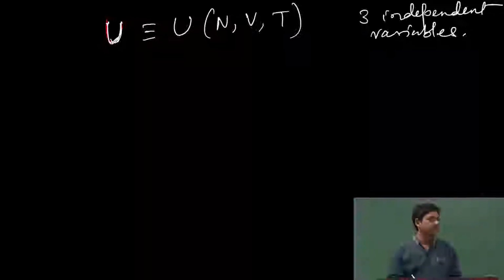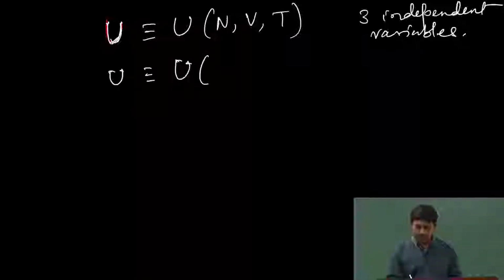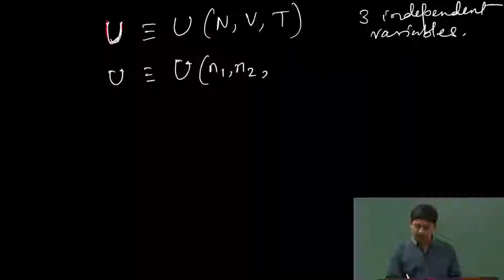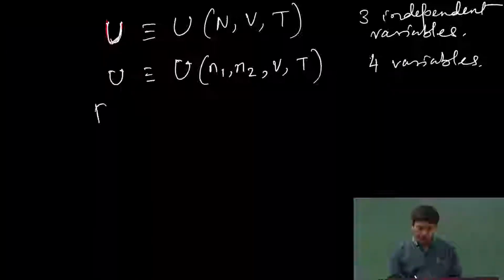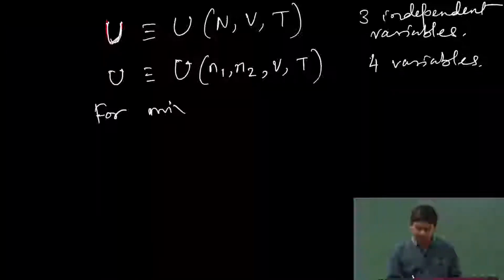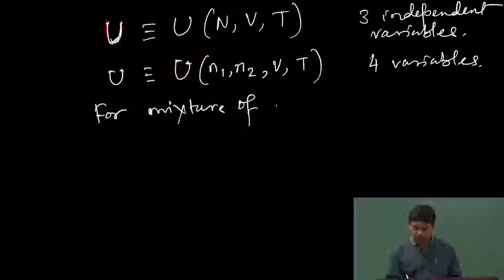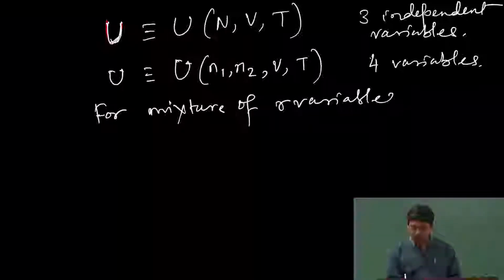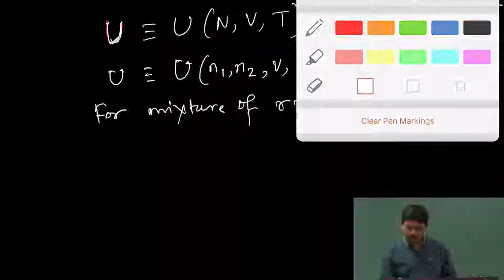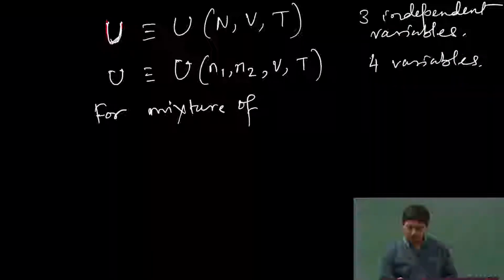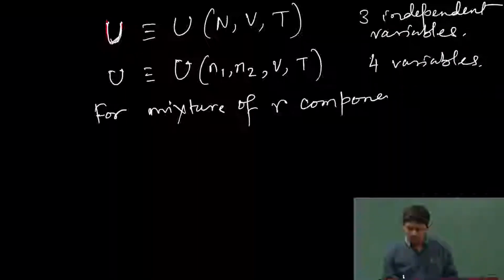When it is a multi-component mixture, let us say a 2 component system, then internal energy will depend on the chemical composition of the first component, the chemical composition of the second component, volume and temperature. So in that case there are 4 variables. In general, for a mixture of R components, how many independent variables will there be?